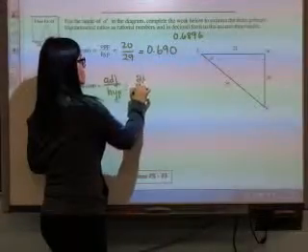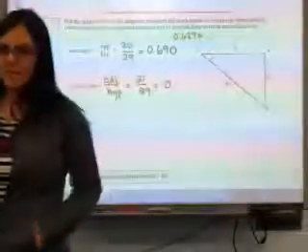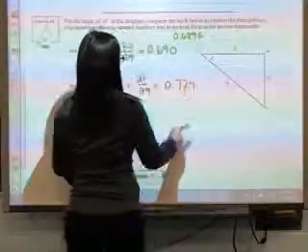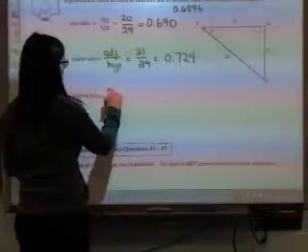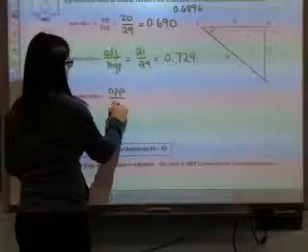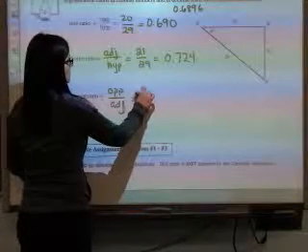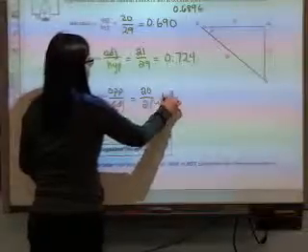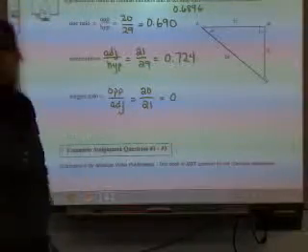Okay, and the hypotenuse was 29, and you said that was 0.724, thank you. And then the tangent ratio is opposite over adjacent. So what's the length of the opposite side? 20. And the length of the adjacent side? 21. Which gives me 0.952.